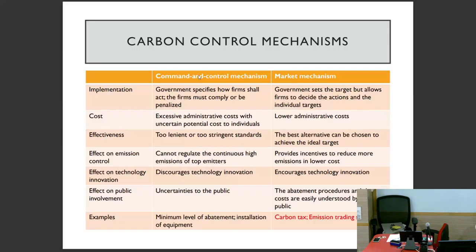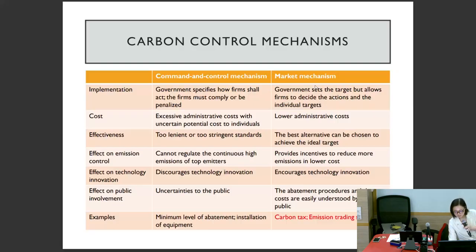Or maybe they have some political impact on the people in the government. So it could be quite difficult to regulate the top emitters using the command and control mechanism, because you are affecting the business of those large companies.